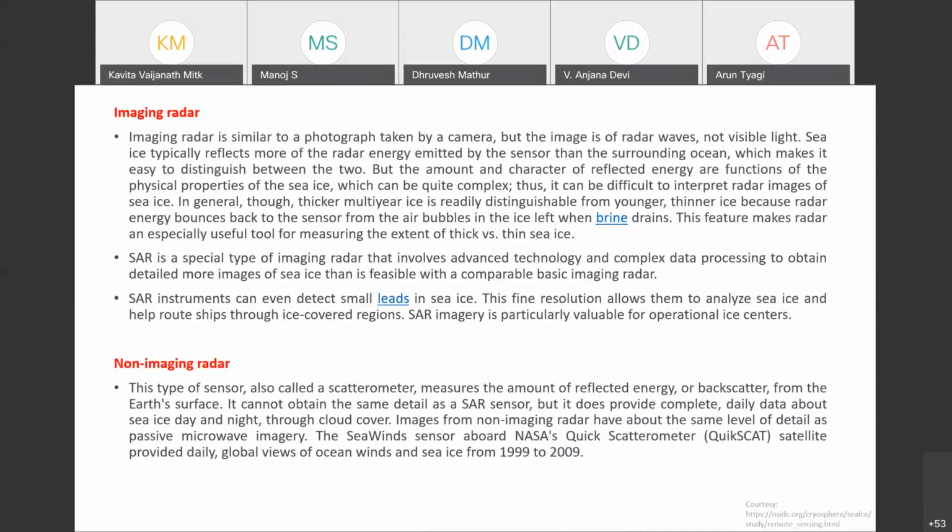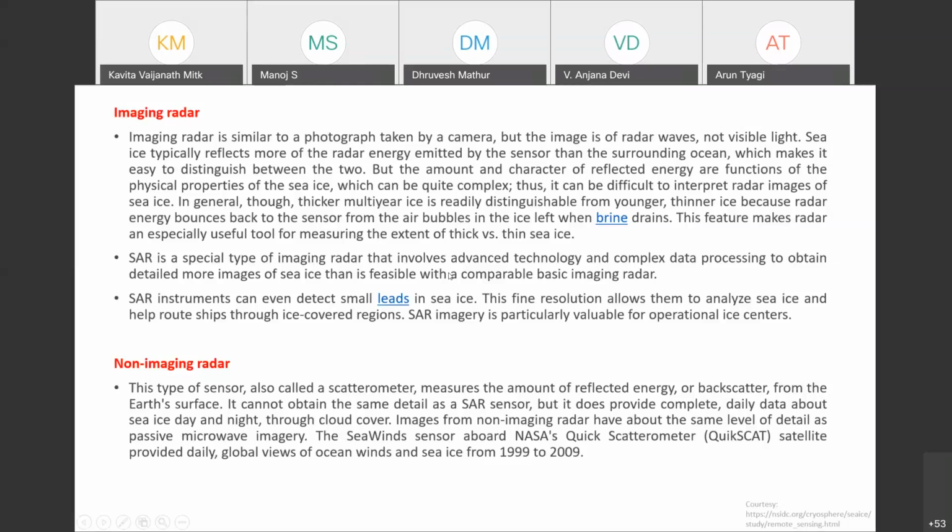But the amount and the character of the reflected energy are functions of the sea ice's physical properties, which are very complex. So it is very difficult to interpret the radar images of sea ice.